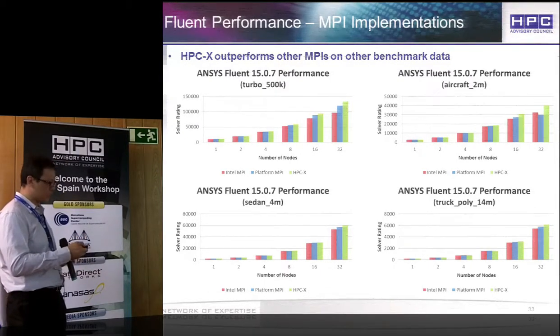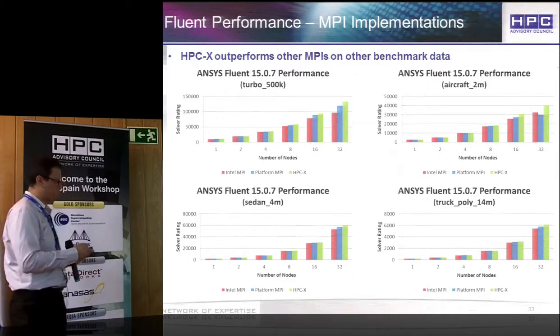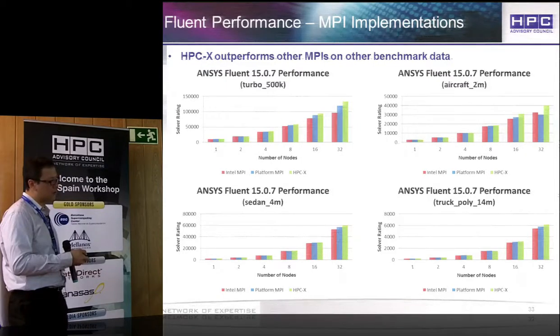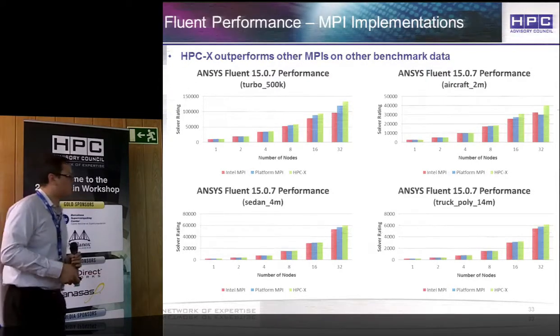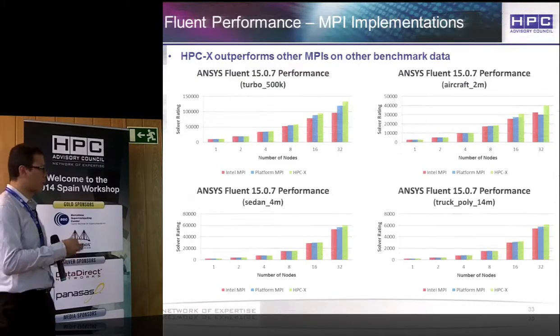This is also good to show because all these test cases have different characteristics. In my opinion, the ones that have the larger numbers are more CPU intensive and appear to have slightly less communication taking place. However, it's also good to show that HPCX has some improvement compared to the rest of them.